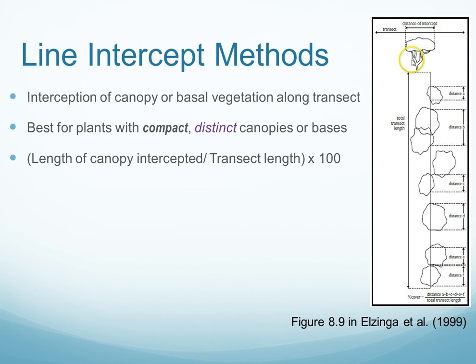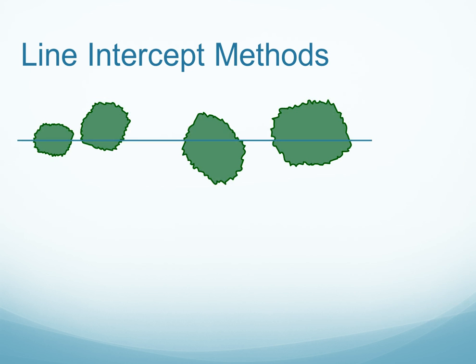As we see in this diagram that was originally published in Elzinga et al., essentially if you have a transect, what we look at is the distance of the intercept of a plant canopy along the transect. So let's look at a very simple example where we have plant canopy with a transect going through it. This is a 10-meter transect, and we can see in the orange lines there the length of the canopy where it's intercepted by the transect tape is in orange.